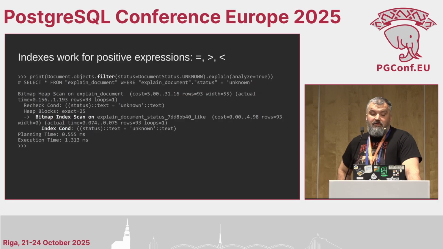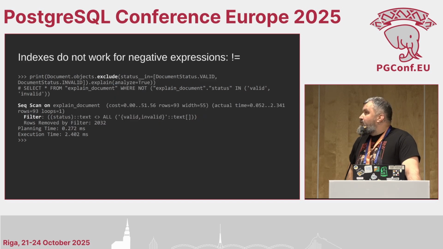However, it works only for positive expressions, so equals, greater than, or less than. It doesn't work for inequality. Remember I had 3 values, and I'm looking for documents which are not valid and invalid. So basically I'm looking for documents which are in status unknown. Database doesn't know that, so it has to do a sequential scan on the whole table to filter those out.